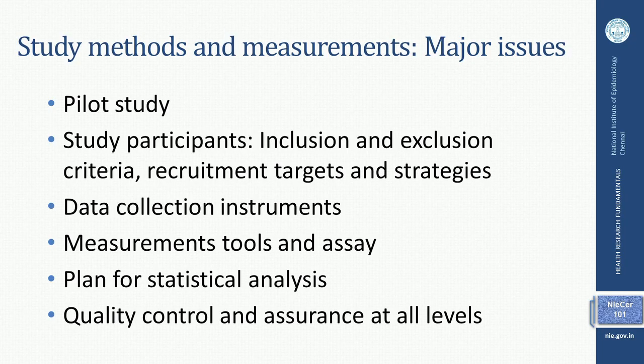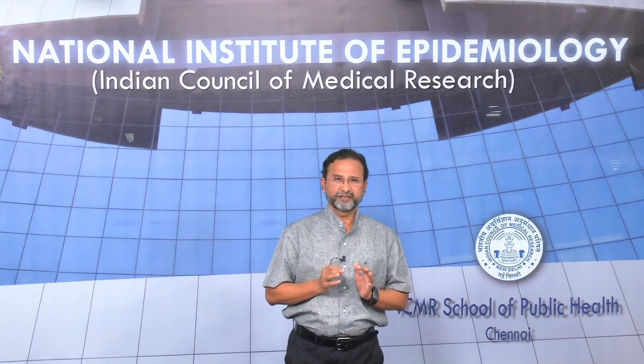Data collection instruments are really critical, because if there are any mistakes in the way they have been designed, we cannot make any kind of change at a later stage. So, a lot of work has to be done beforehand in deciding the right kind of data collection tools.